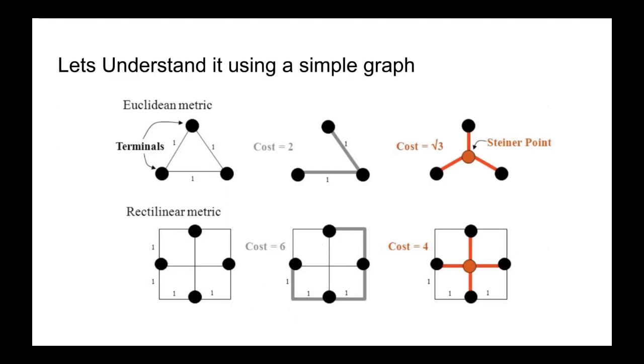So we can see in the case of Euclidean metric, we have this small tree of a triangle, right? We have three vertices and three edges having weights of one each. In this case, this Steiner point here is the optimal solution, considered in the center. If you're looking at the metric Steiner tree, the optimal solution for that is considered as the minimum spanning tree solution, which is polynomial time.